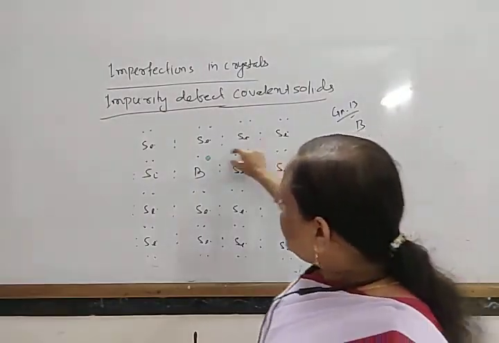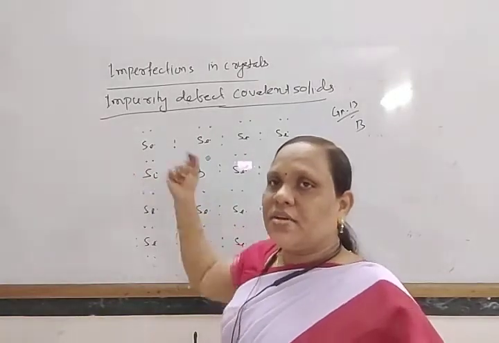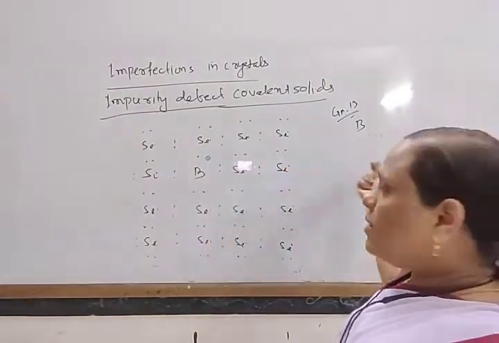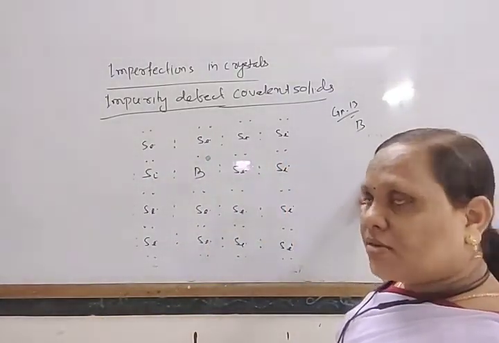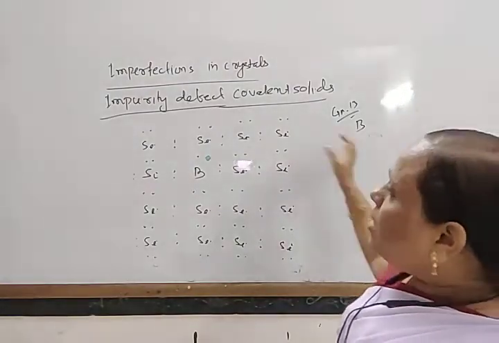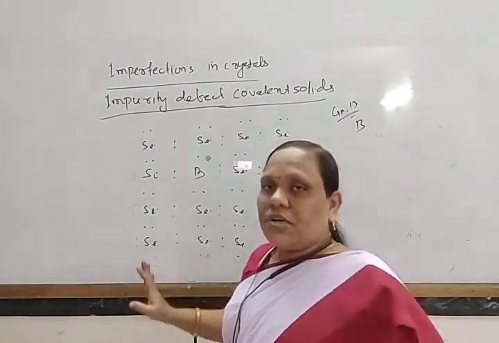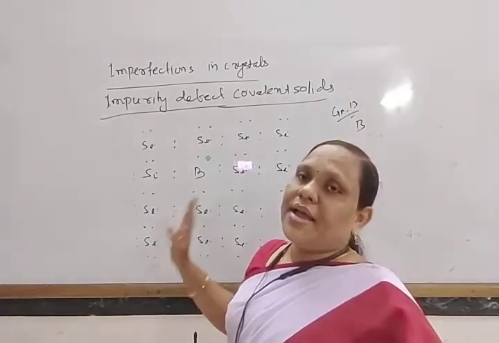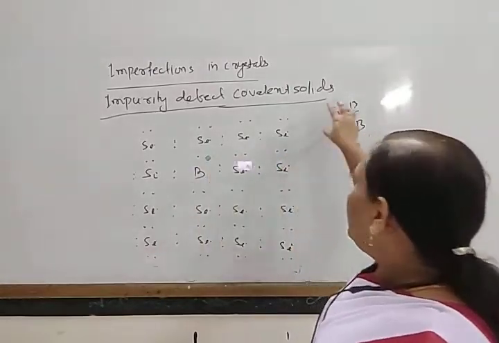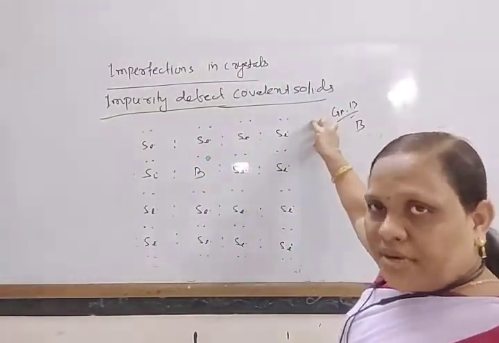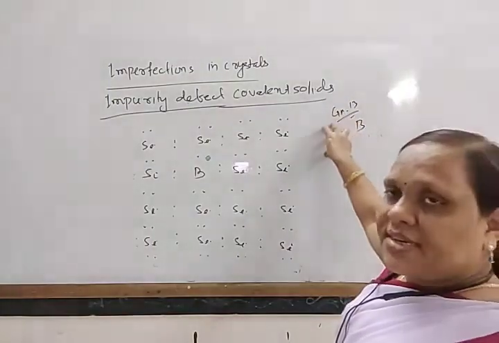In this way, movement of electrons takes place in one direction and movement of holes in another direction, due to which the conductivity increases by addition of a foreign material, that is, group 13 elements.